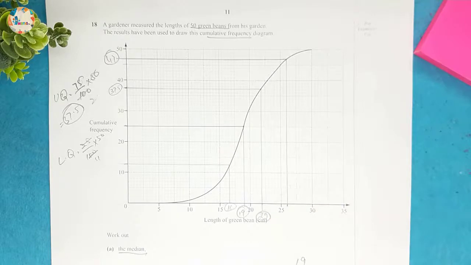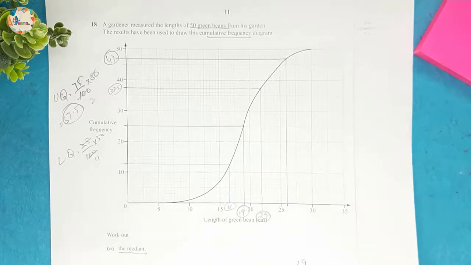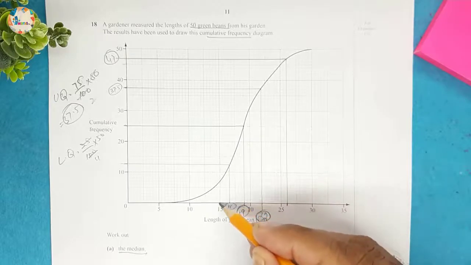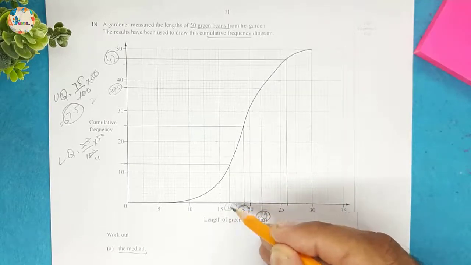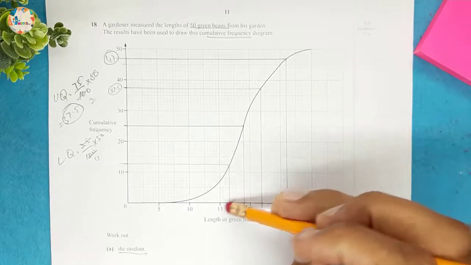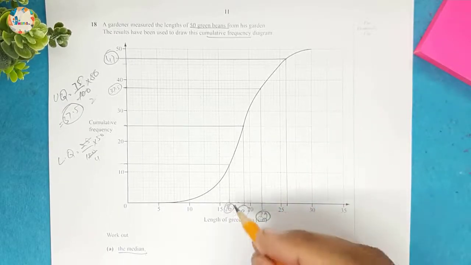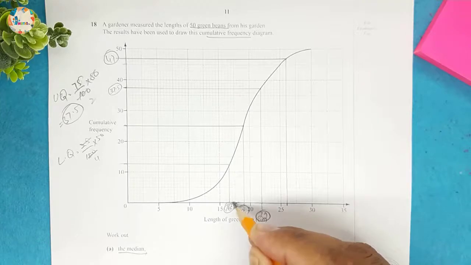Basically if we recheck the lower quartile, this is the lower quartile, which is up to here. This is 15, this will be 16.5, this will not be 18. So this will be 16 or 16.5 we can take.